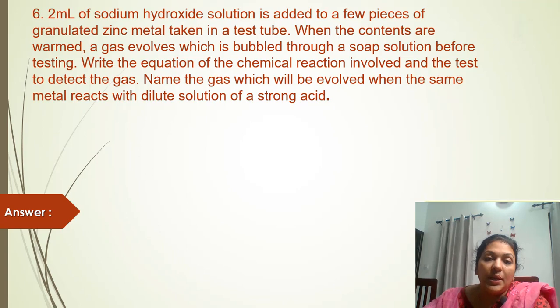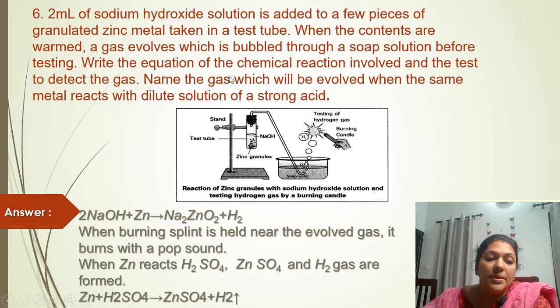Now, here this is the reaction. Sodium hydroxide when it reacts with zinc, sodium zincate, Na2ZnO2, and hydrogen gas are evolved. Now, what is the test for hydrogen? When a burning splint is held near the evolved gas, it burns with a pop sound, right?